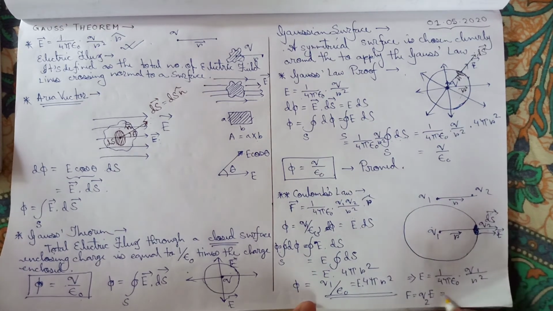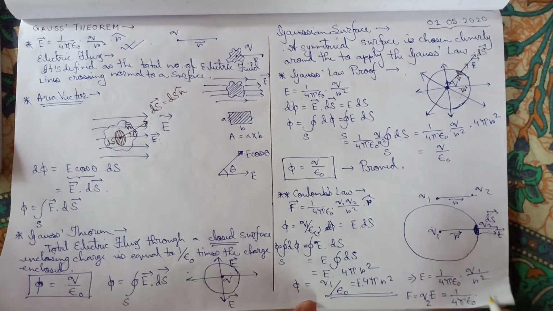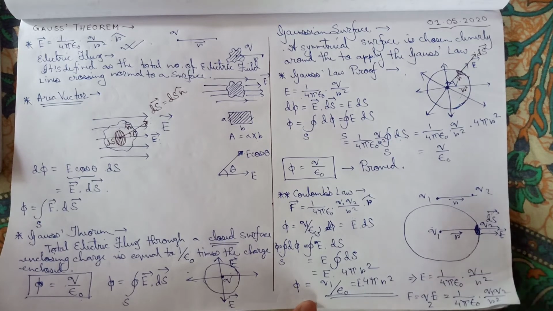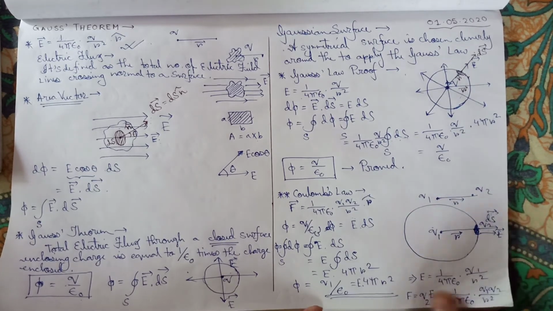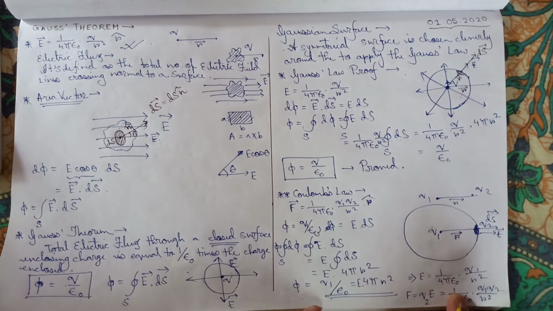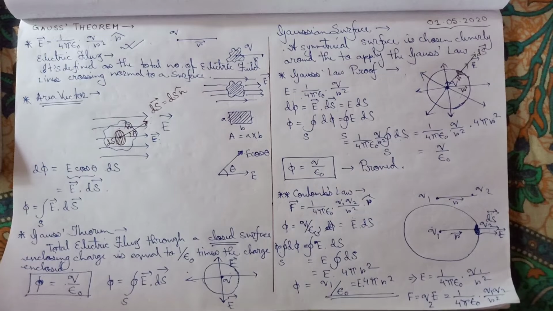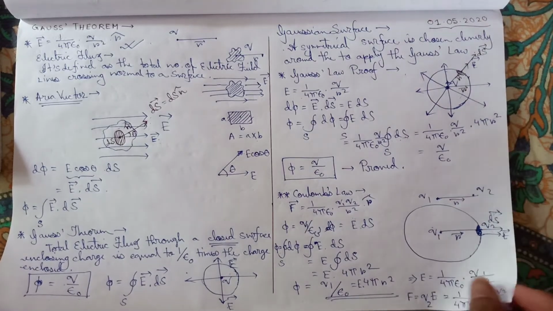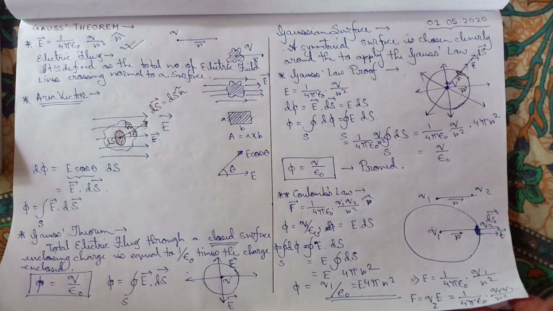So if we substitute E by 1 by 4 pi epsilon naught, q1 by r square, and q2 will be here. Look at that, it is the expression for the magnitude of Coulomb's law. So it is the proof of Coulomb's law. That's how we can easily apply Gauss theorem to prove Coulomb's law.